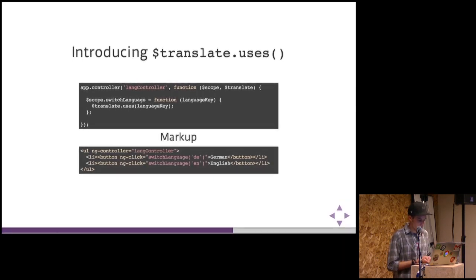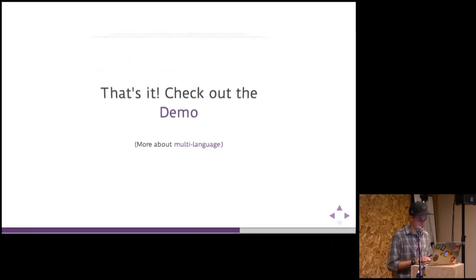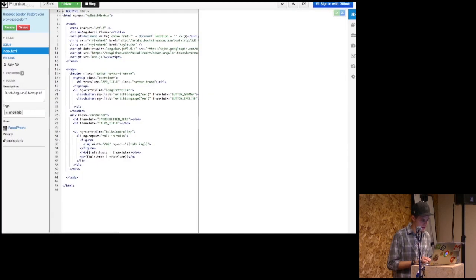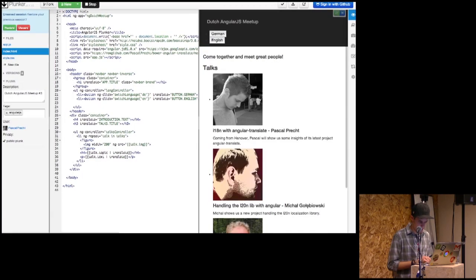And in the markup, we just define an ng-click directive right here, the switch language. And that's basically it. Check out the demo. You guys should know this site. And here are these two buttons.